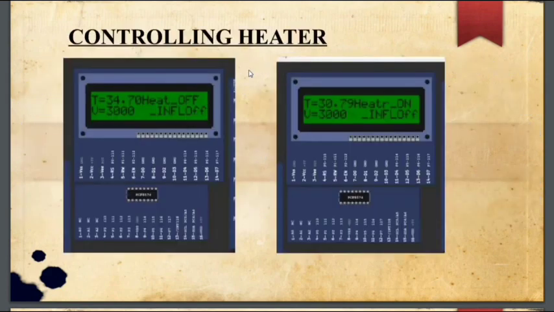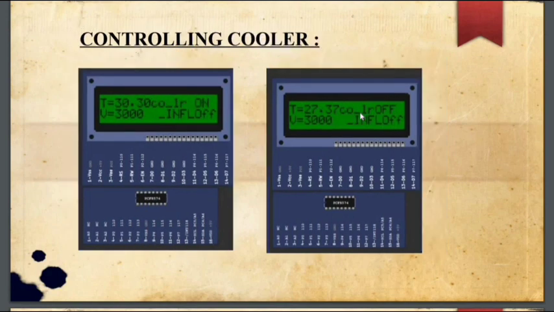Here we see the required output of our temperature control system. As we see, when the temperature is very high, the heater is turned off, and here the temperature is not above 35 degrees and the heater is turned on. And here we see the cooler has different states, turned on and turned off, which are displayed on the CLCD.